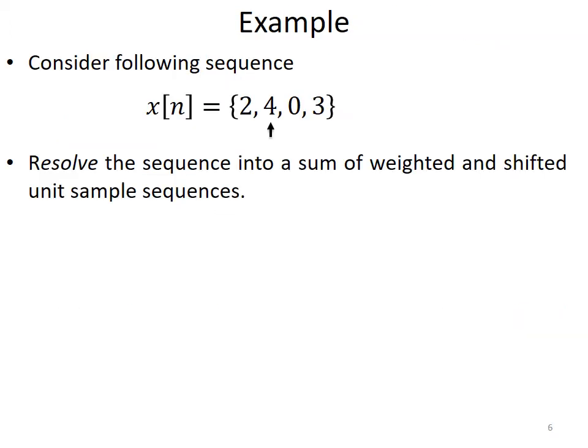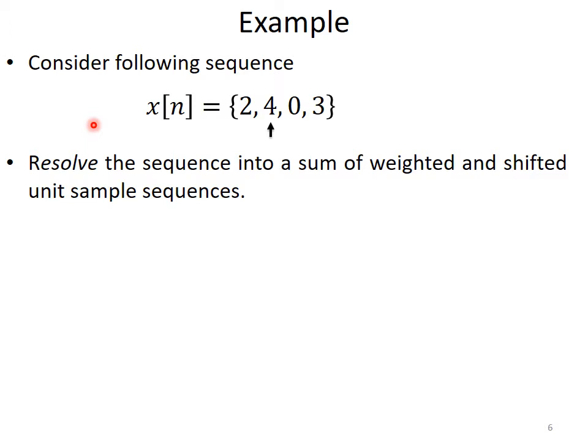Now let us consider this x of n, which is equal to 2, 4, 0, 3, and let us represent this signal in the form of impulses. So resolve this sequence into a sum of weighted and shifted unit sample sequences.